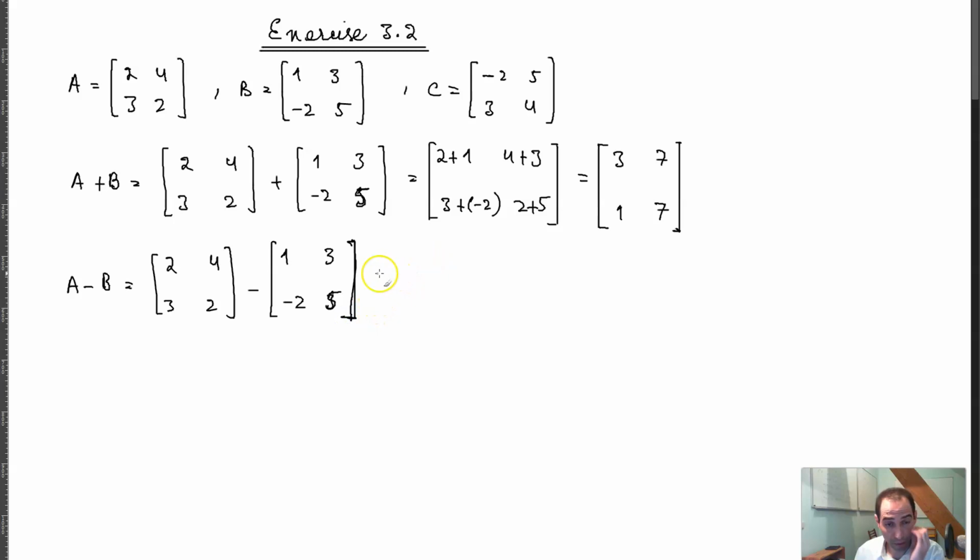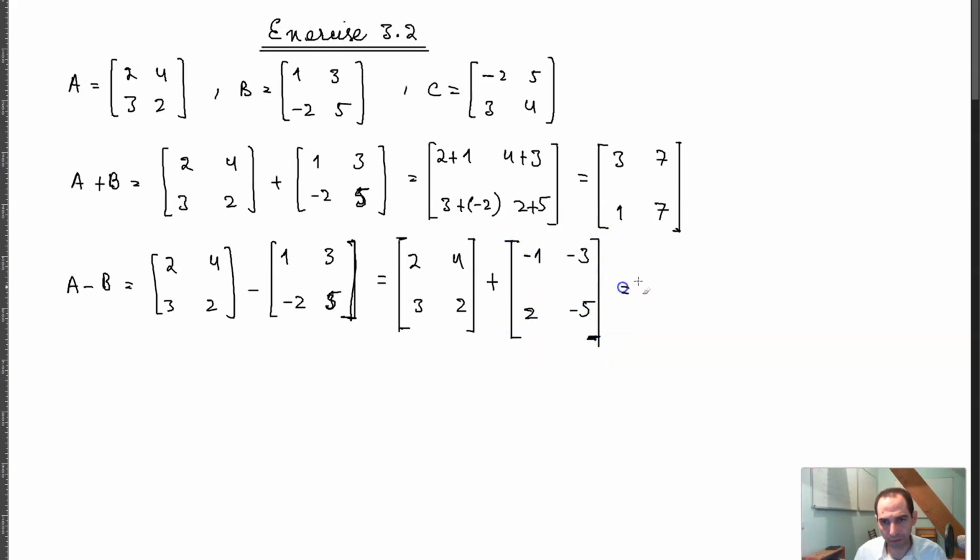And then I can write this as 2, 4, 3, 2 added to the negative of this matrix, meaning negative 1, negative 3, positive 2, negative 5.